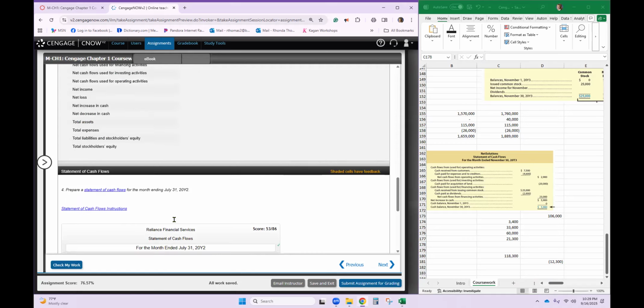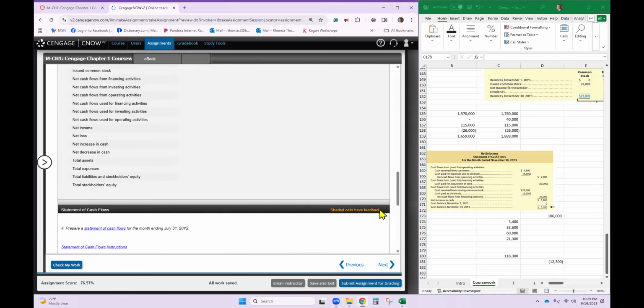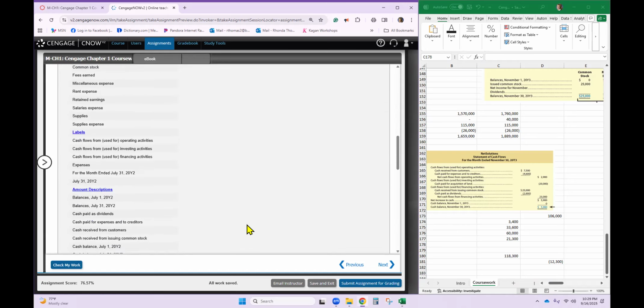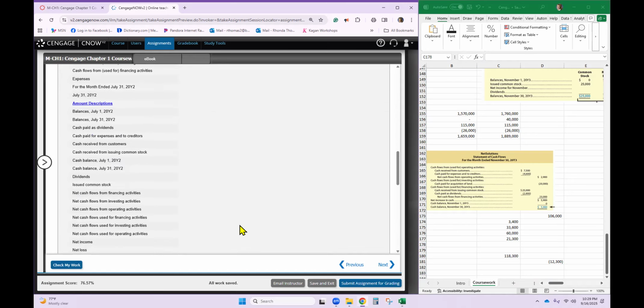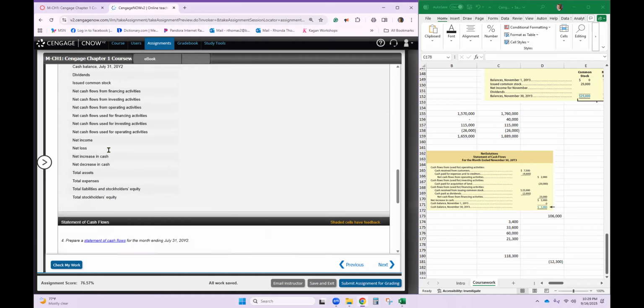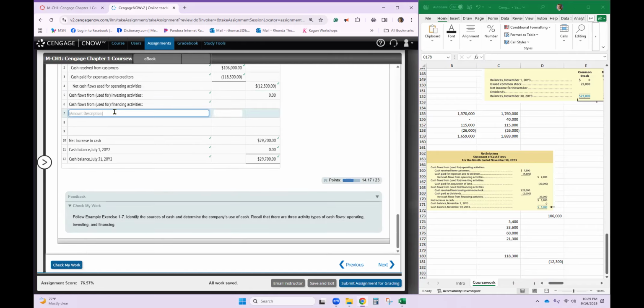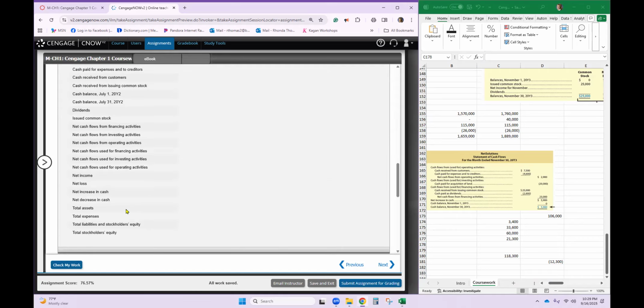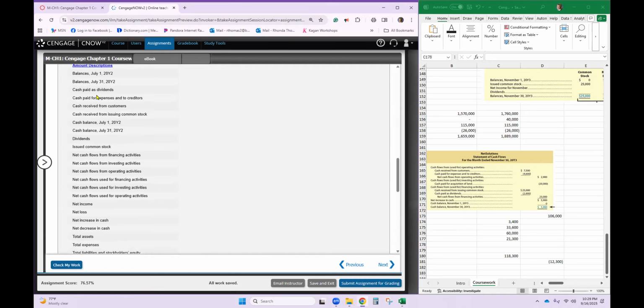So financing had cash received from issuing common stock. There it is. And then I think we had cash paying out for dividends. Let's put these in. Cash paid out as dividends.